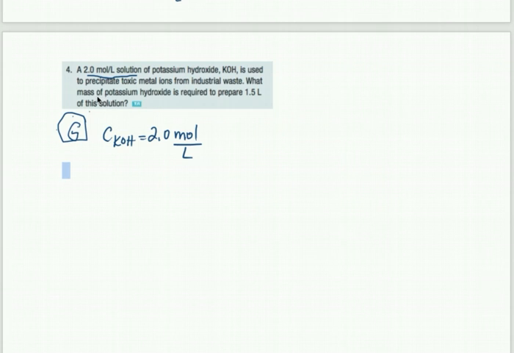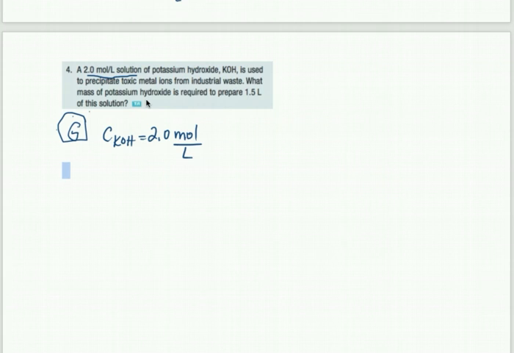And it's used to precipitate toxic metal ions from industrial waste. So you've seen that in your single displacement or even double displacement type reactions, where we're trying to mix some solutions together, and sometimes one of them will form a precipitate, so a solid that can be scooped out, okay, and removed from some waste here in this case, so it's not being dumped into the environment.